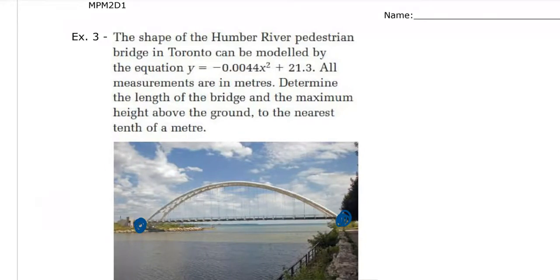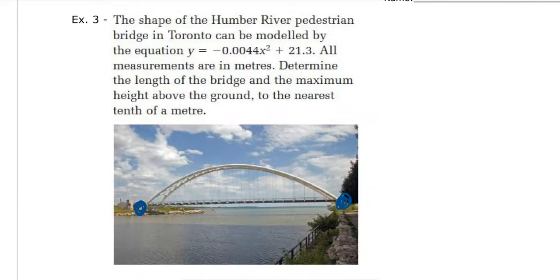So we are going to find the x-intercepts. Now we need the maximum height above the ground. Whenever we deal with maximums, we are also looking for the vertex. So let's start looking for some x values.